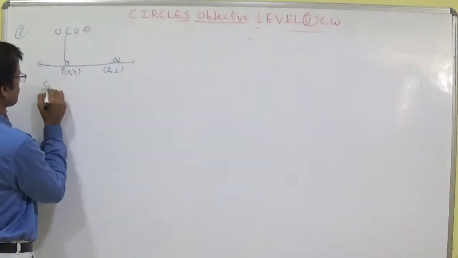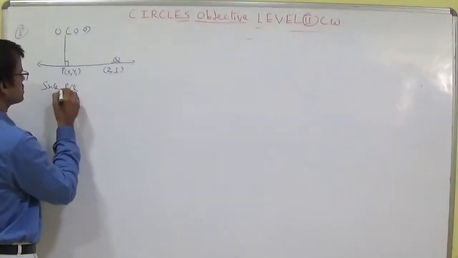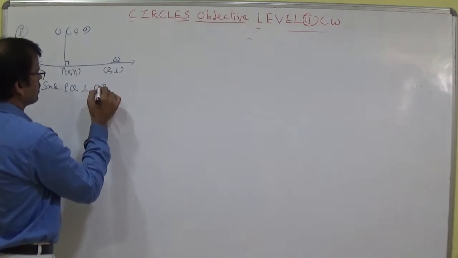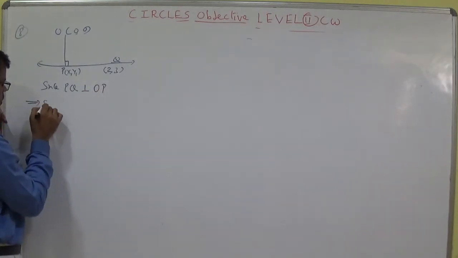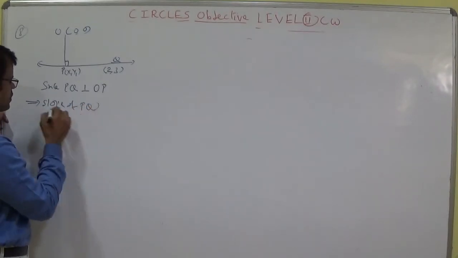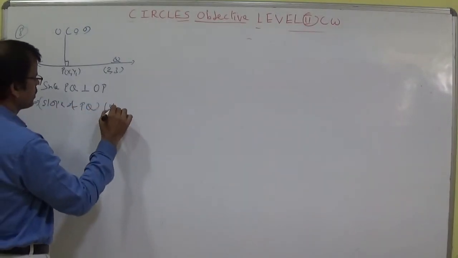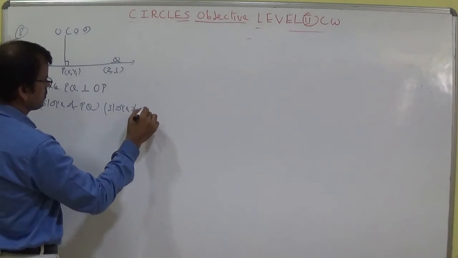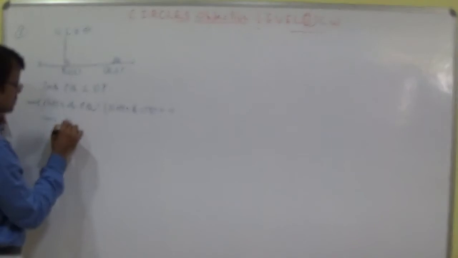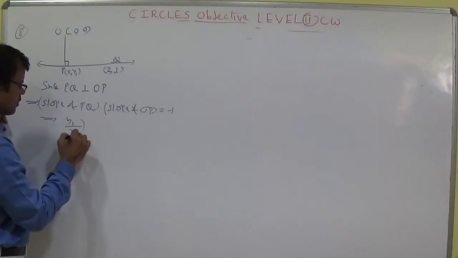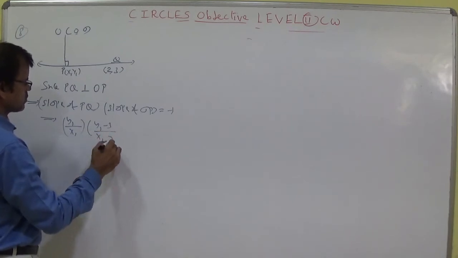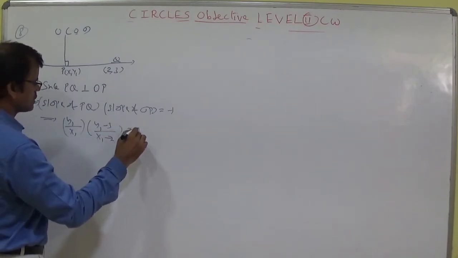Since P is the foot of perpendicular, PQ is perpendicular to OP, that implies slope of PQ into slope of OP is equal to -1. You can write here y1 by x1 into (y1 minus 3) by (x1 minus 2) is equal to -1.